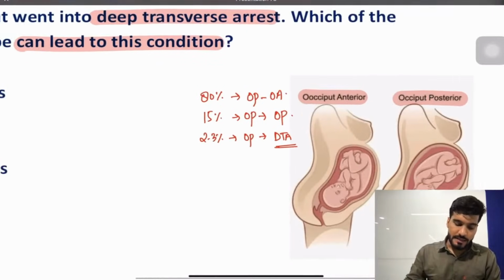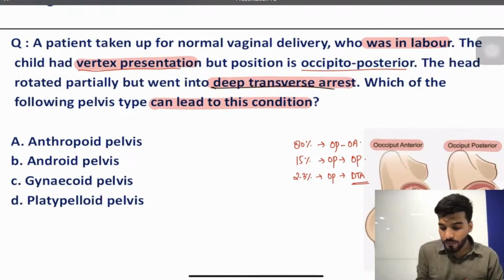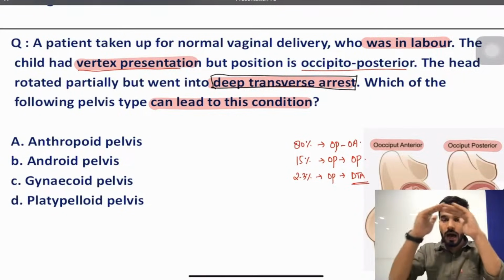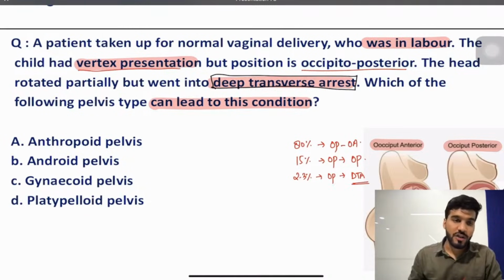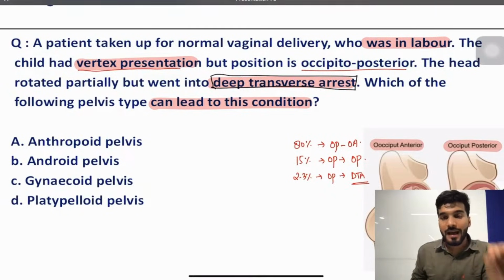Now, a very simple question, you have to remember only a few things. If you remember deep transverse arrest, you should know that the type of pelvis is triangle shaped, heart shaped, and the heart shaped or triangle shaped pelvis is an android pelvis. So we'll study the different types of pelvis and which presentation each has.